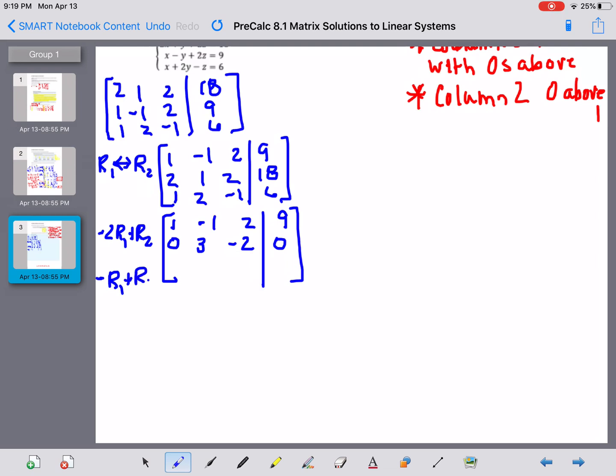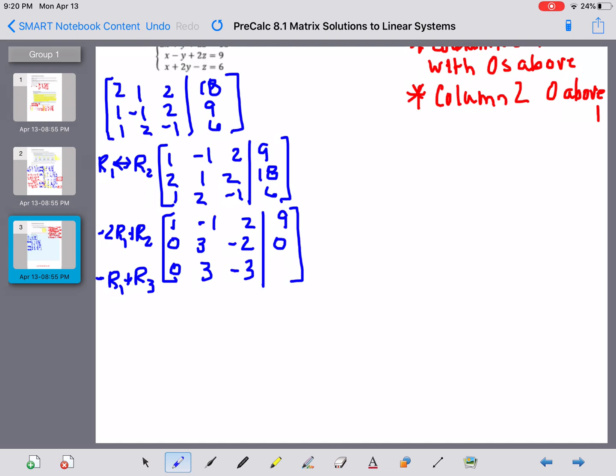So if I do opposite of the top, so -1 plus 1, I get 0. -1 with a negative makes it +1 plus 2 makes it 3. Column 3 here, I have 2 times -1 is -2 plus -1 makes -3. And on the constants, -9 plus 6 makes -3.